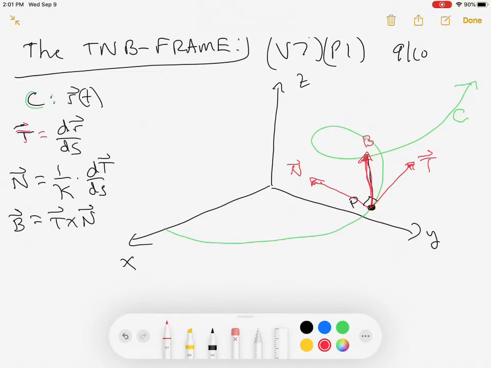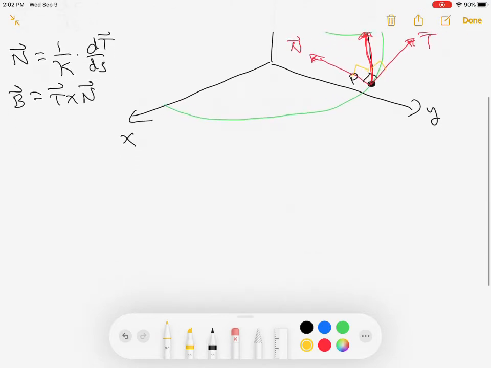B is, let's use a cool color here, yellow. So B is orthogonal to T, and it's also orthogonal to N. And it's the cross product of the two, and that's because we're using the right-hand rule here. Okay.